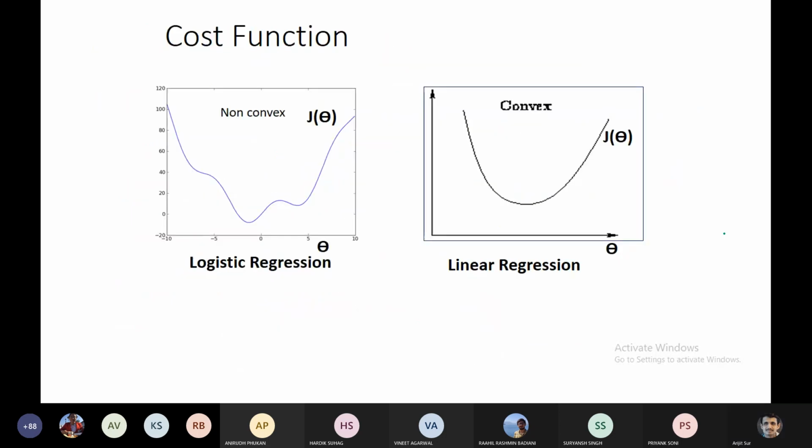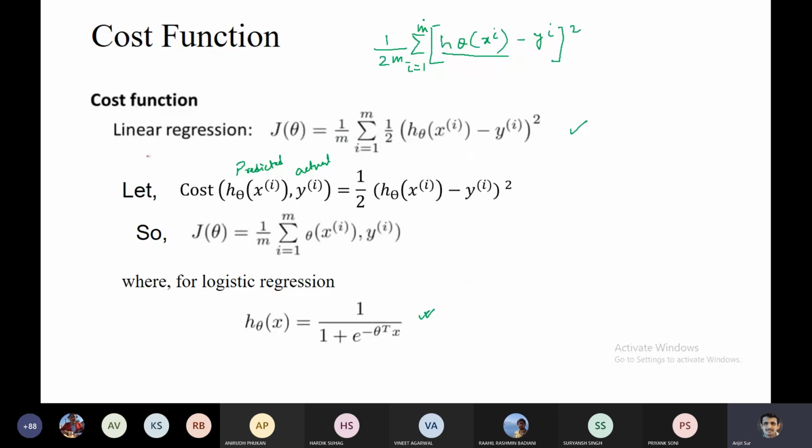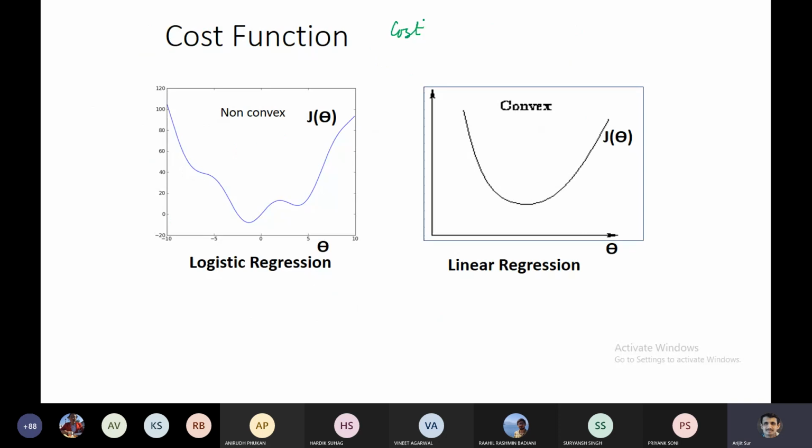But here, since you put in this g of theta transpose x, the cost function that we have defined, cost of h theta of xi, yi, is non-convex, something like that.